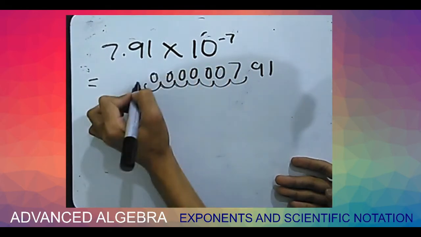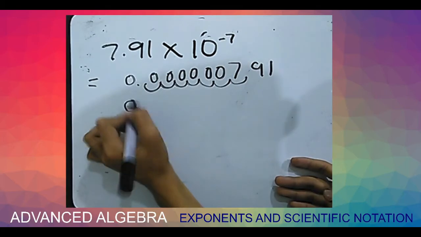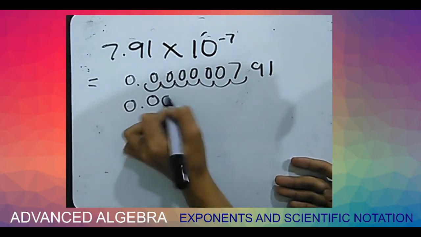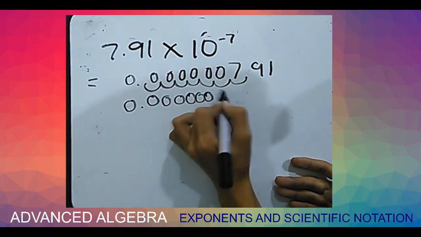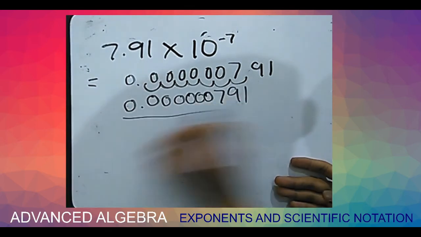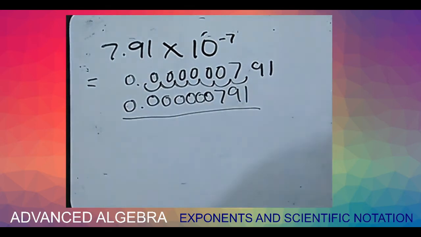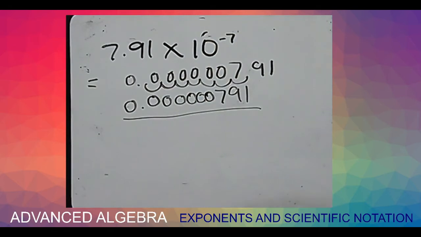Magdadagdag tayo dito ng point, 0. So, 0.0000 ... 791. Ito yung sagot. Napakadali lang ng scientific notation.